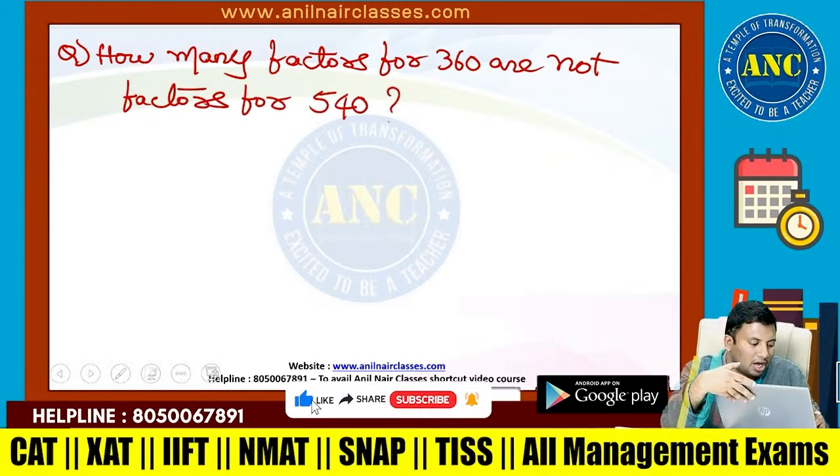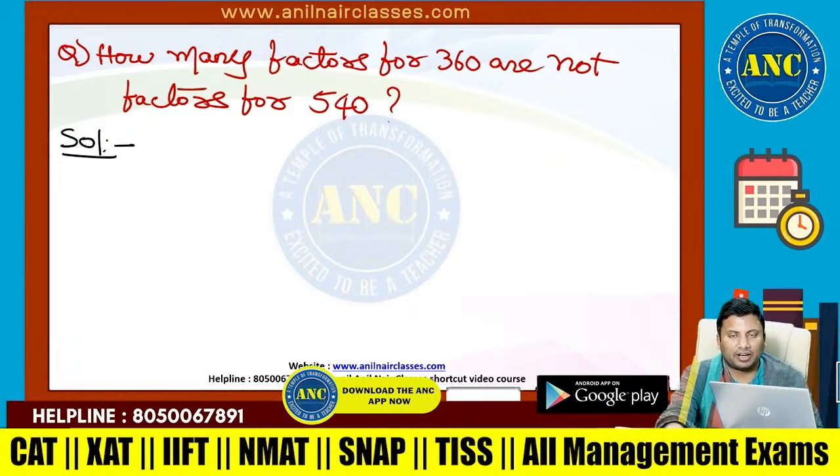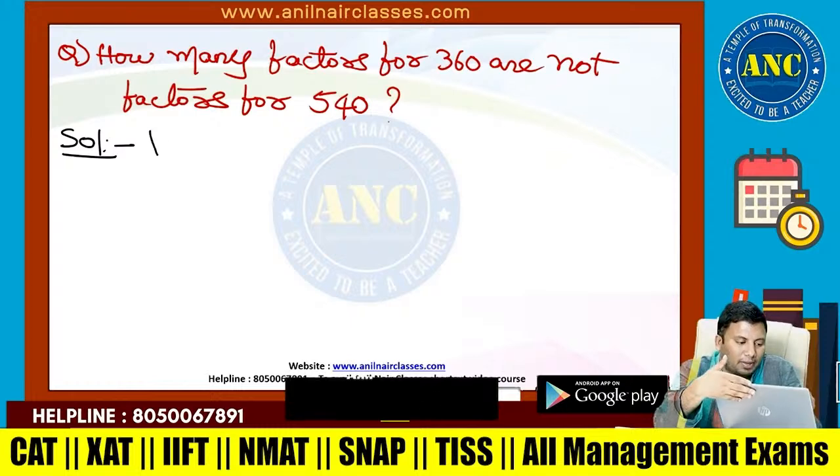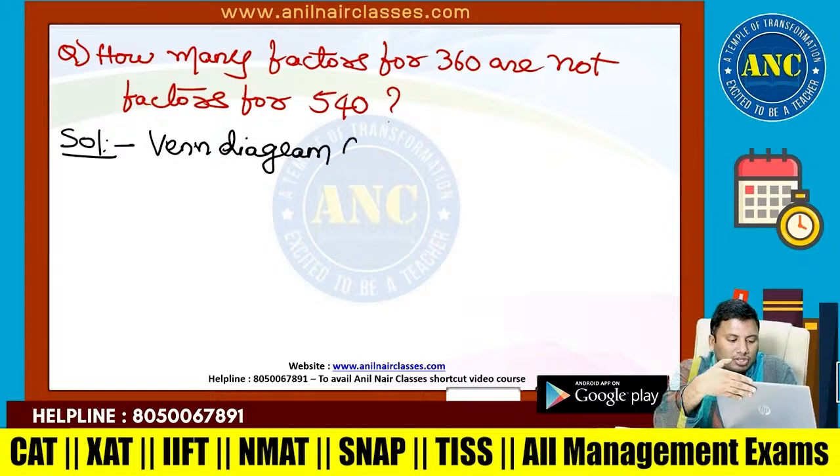Please write down. How many factors for 360 are not factors of 540? The best way to solve this question is by using the Venn diagram concept.